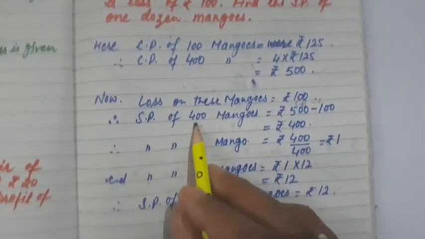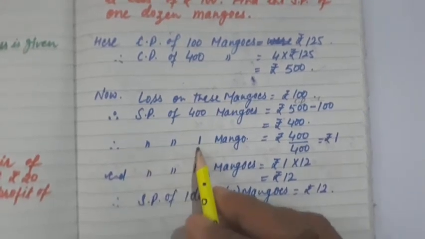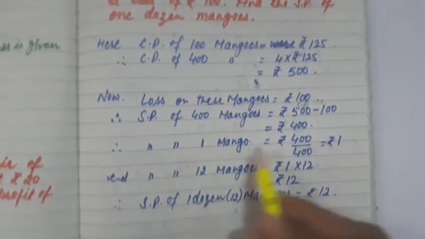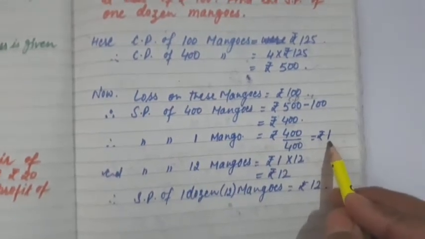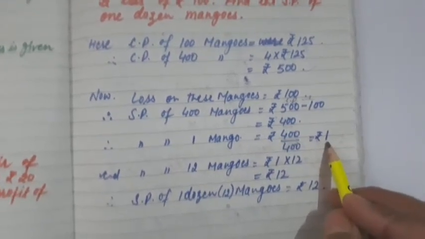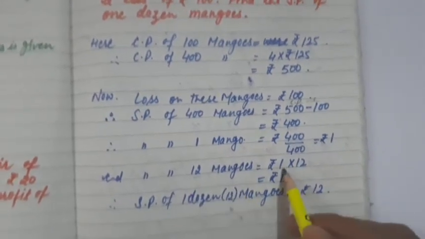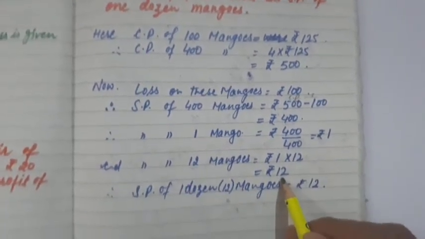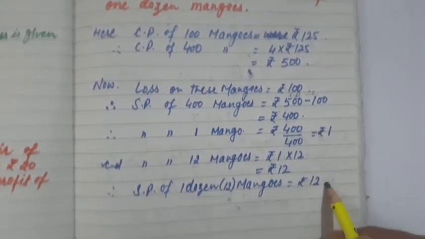Therefore the SP of 400 mangoes is rupees 400. The SP of 1 mango, we divide 400 by 400, which is rupees 1. Now we have to find the SP of 1 dozen mangoes, that is 12 mangoes. The SP of 12 mangoes becomes 1 into 12, that is rupees 12. Therefore the SP of 1 dozen mangoes is rupees 12.